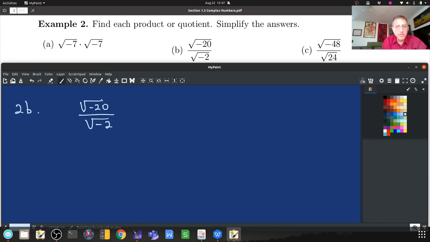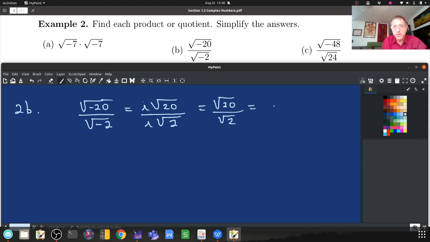So let's rewrite the numerator as I times the square root of 20 using our previous rule. And the denominator is I times the square root of 2. So those I's cancel out, since I divided by I cancels. So this just turns out to be the square root of 20 divided by the square root of 2.